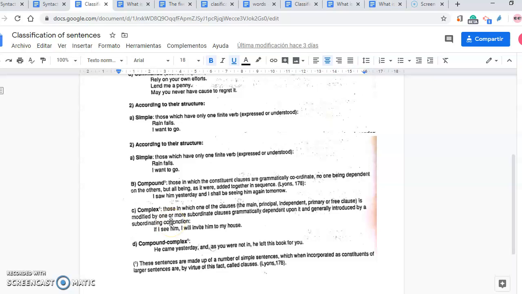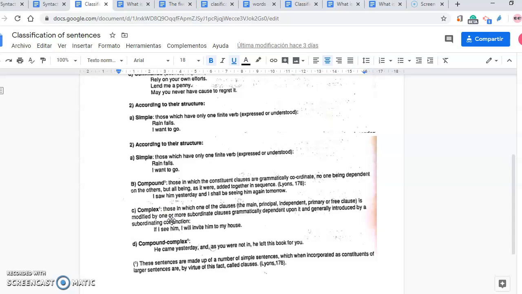A complex sentence is one that has one or more subordinate clauses inside. So when I have a sentence, the sentence that we had, The man that was dancing is my brother. That is a complex sentence.